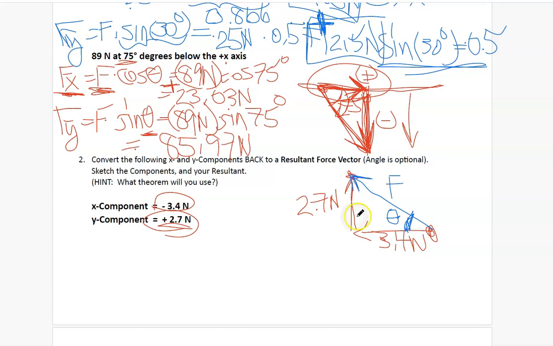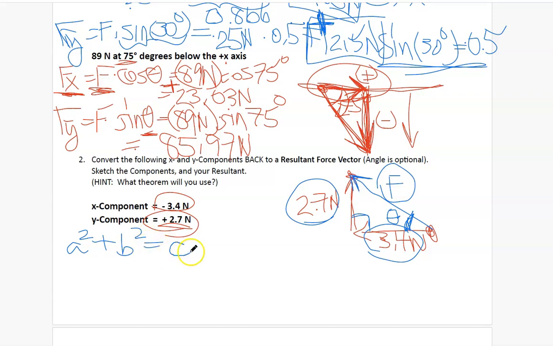Well, this is a right angle, and we can use Pythagorean theorem. Pythagorean theorem says the sum of the squares of the two sides, the two short sides called the legs, equals the square of the long side called the hypotenuse. In other words, the two short sides squared, I add those together and I'll get the long side squared.